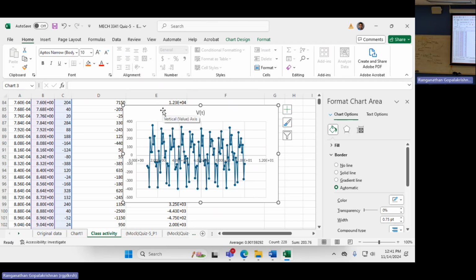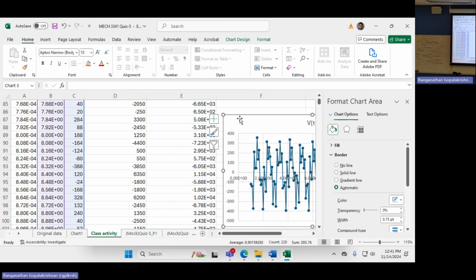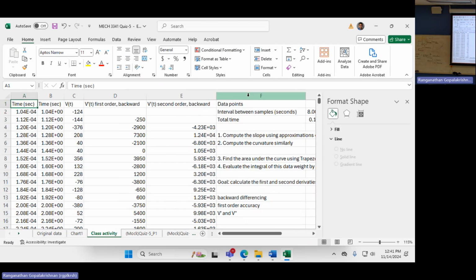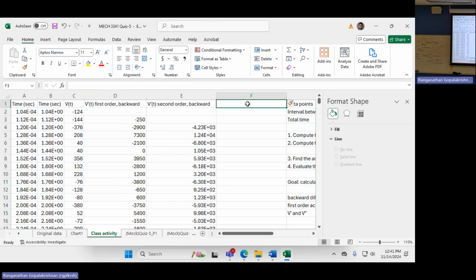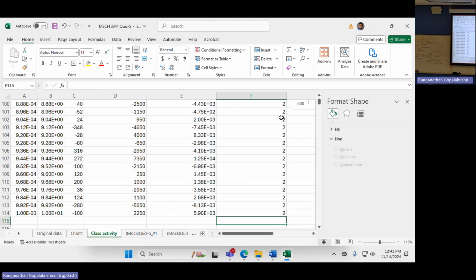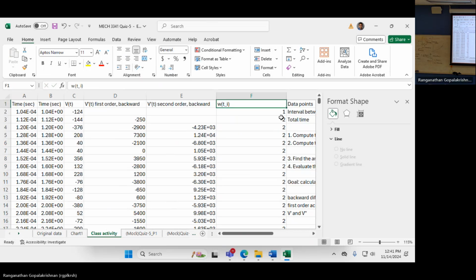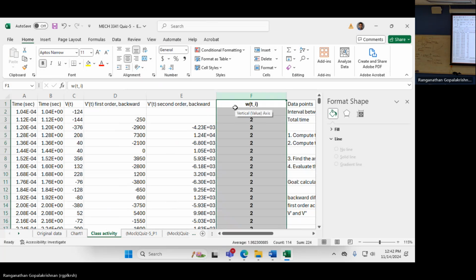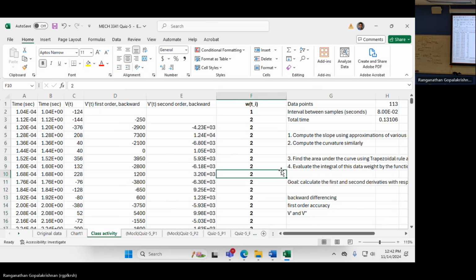Okay, sorry if it feels a little bit rushed today, but I'm going to implement this calculation. So if I say what is my weightage, W of ti, the rule is simple. For the first point, it's 1, and then it's 2, except the last point, which is again 1. So I've implemented W as 1s and 2s.